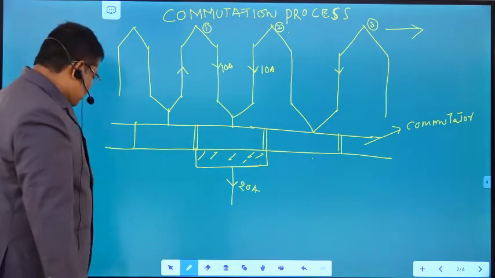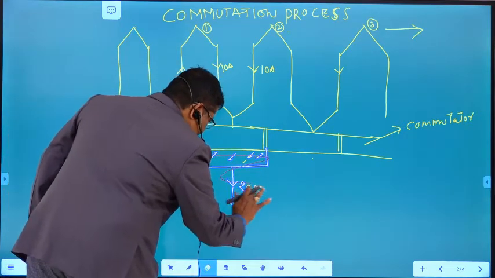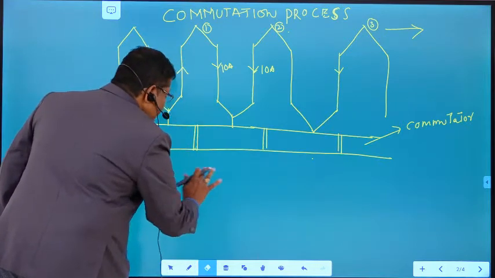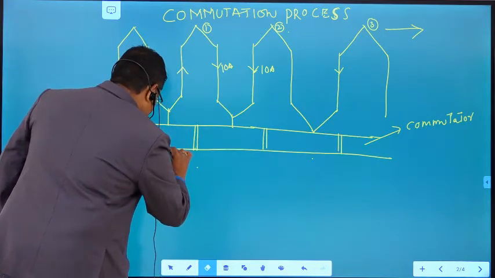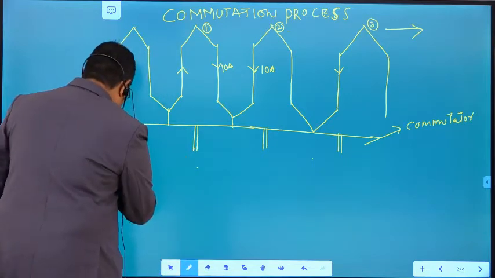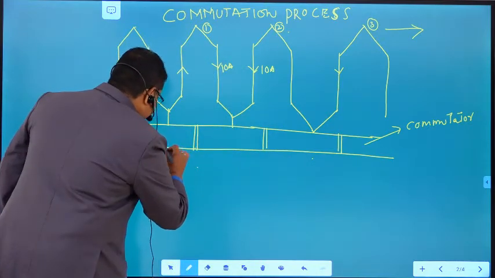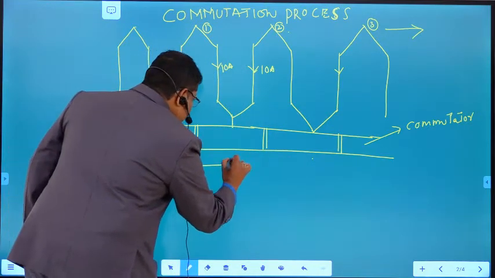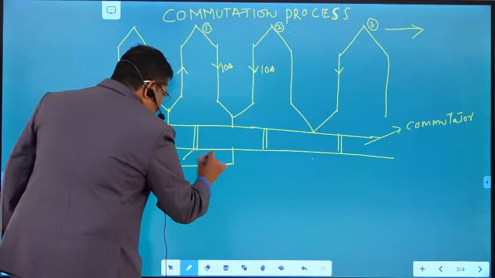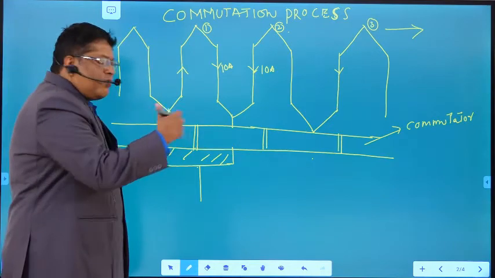In the third position, this is the position of the brush. Because we already apply the mechanical load, the armature will be rotating.